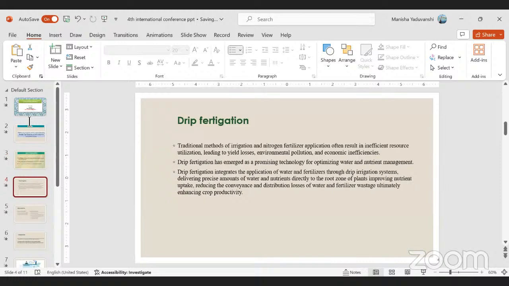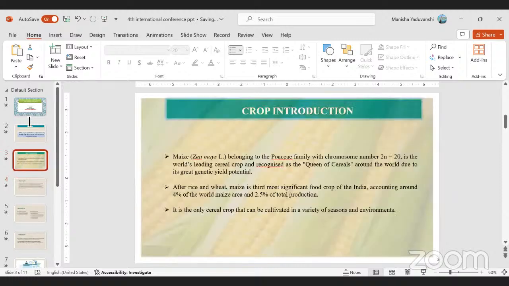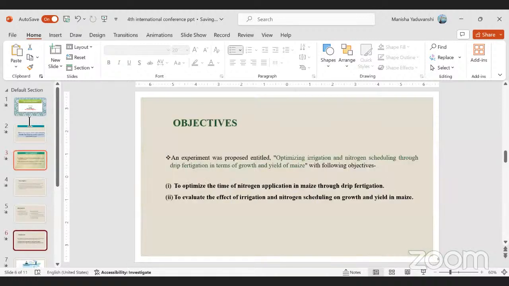We also included drip fertigation in the study. Drip fertigation is basically the application of water and fertilizer, ultimately enhancing crop productivity.